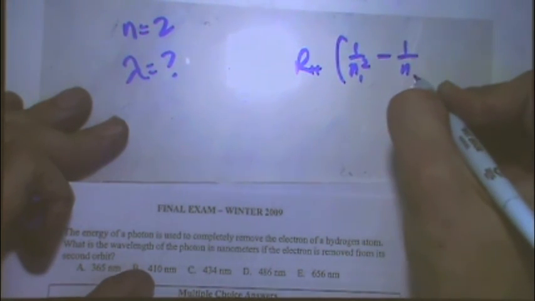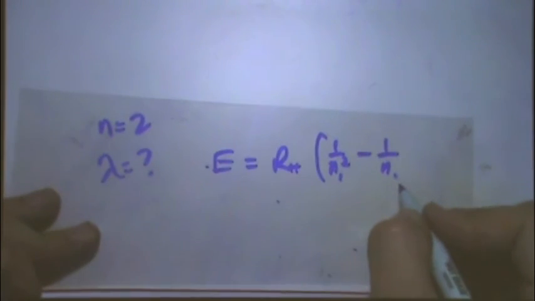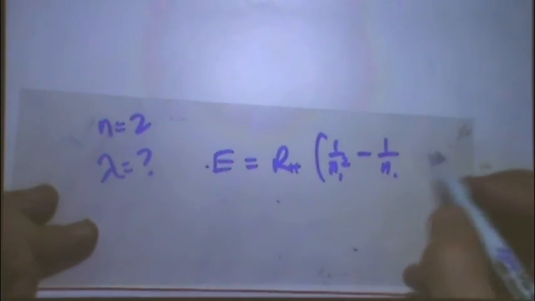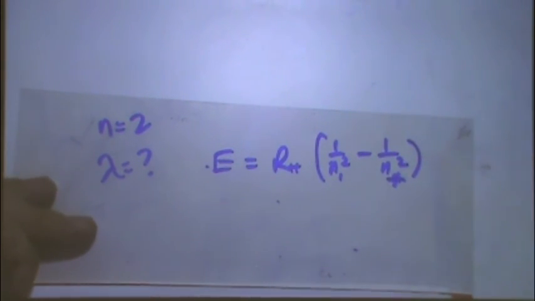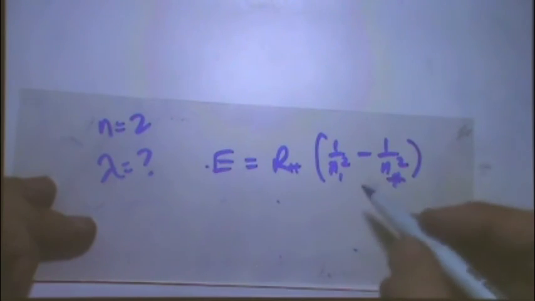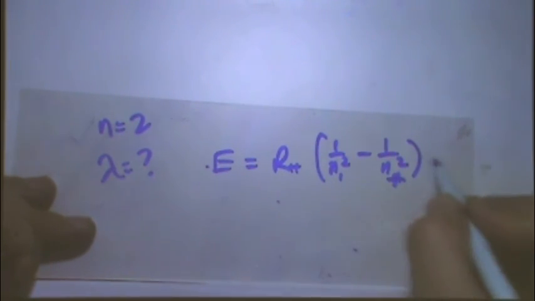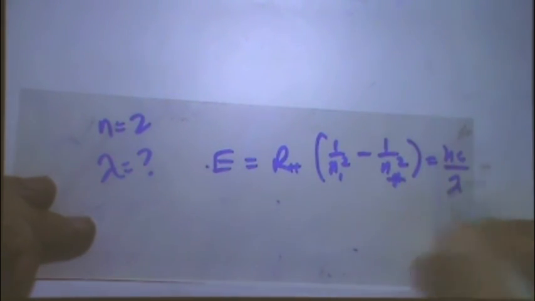Yeah. Okay. So an initial square. There's a glare. Is that better? Yeah. Okay. And final. Oh, that looks really ugly, but hopefully you kind of get it. Okay. So, and this equals HC over lambda.